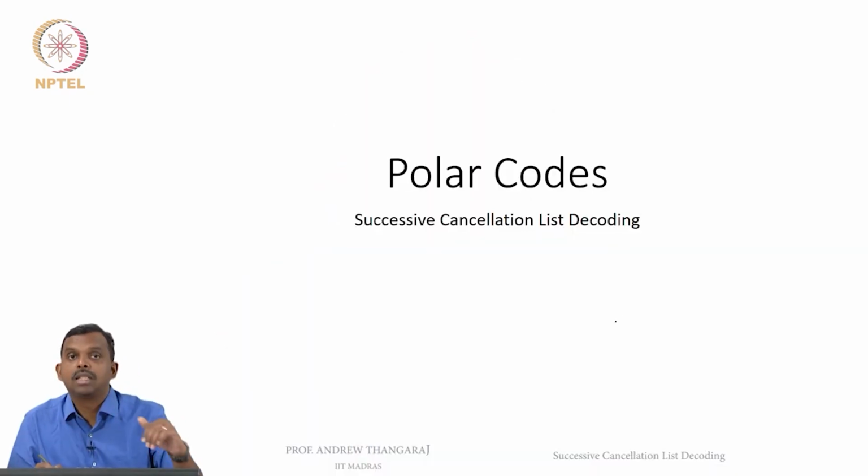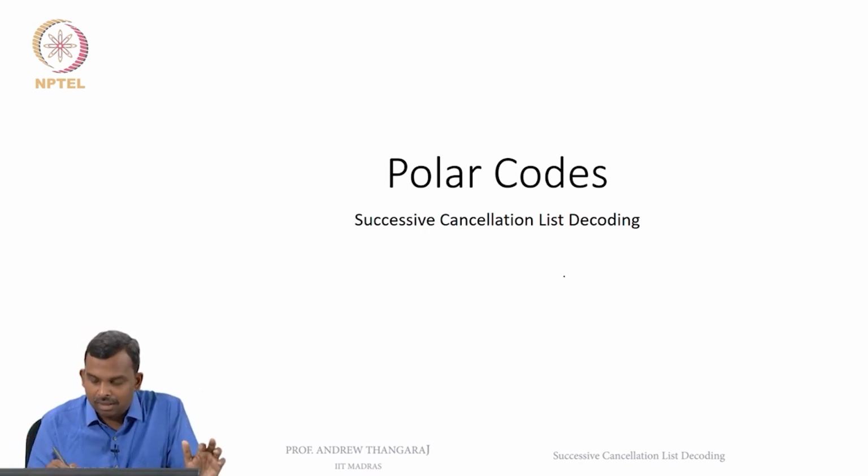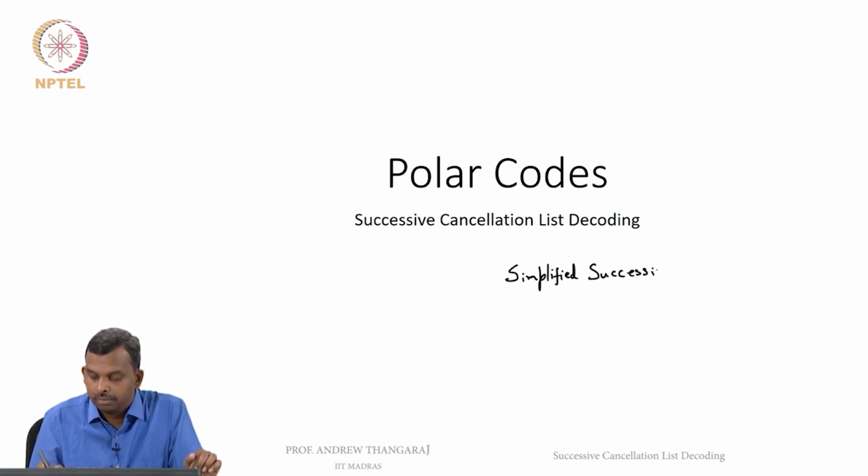So, if you use the binary tree representation and use that language, the terminology is called simplified successive cancellation decoding. So, like I said, successive cancellation is the first decoder that was proposed by Arikan.